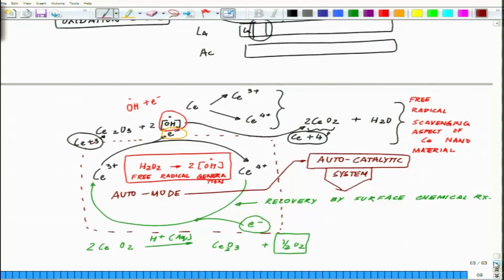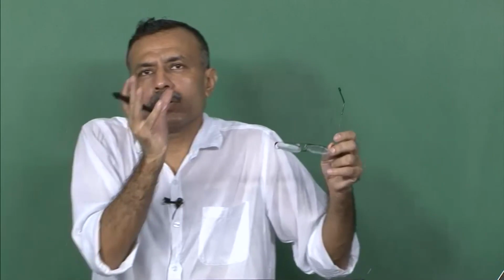This process leads us to a situation where you have a finite amount of this material, and we are talking about 3 or 4 atoms of ceria, a couple of oxygens dangling out there.